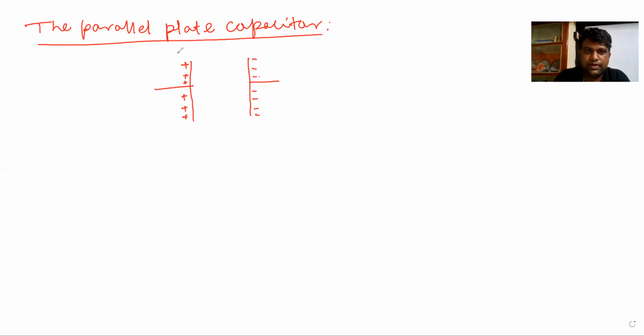Let's say the left side is region 1. In between the two plates is region 2, and outside this, let's say region 3.